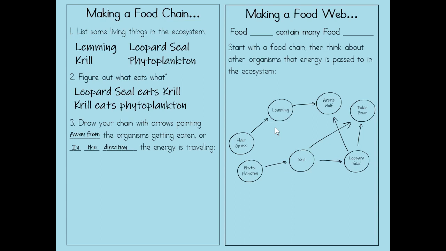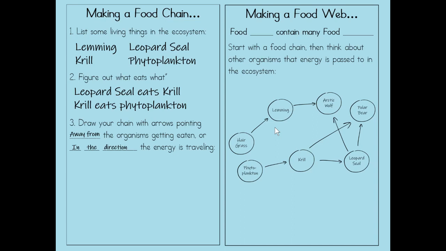The next step is to figure out what eats what. So, as you can see in my example here, I say that the leopard seal eats krill, but then I have also listed that krill eats phytoplankton. Both of these statements are true in the ecosystem, and they are going to help us make a food chain.